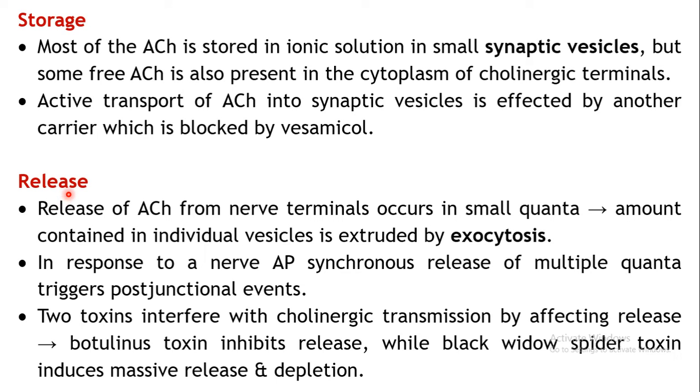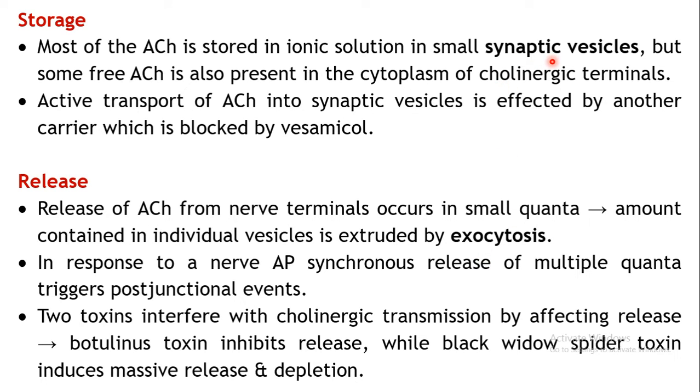Then the next step is the release of acetylcholine. Release of acetylcholine from the nerve terminals takes place with the help of the process of exocytosis. One must be aware of what exocytosis is. We have seen that the storage takes place within the synaptic vesicles.